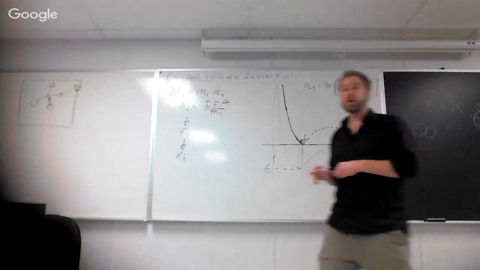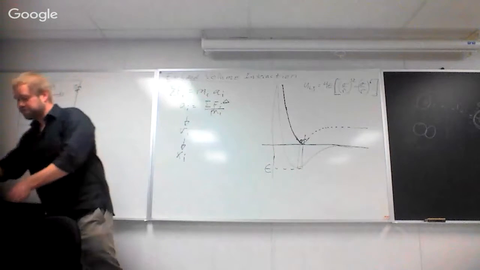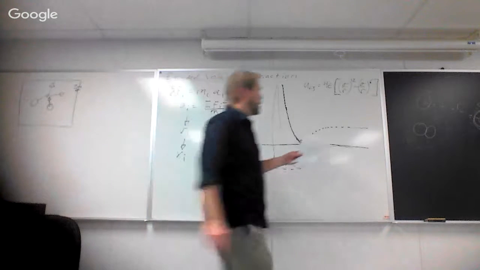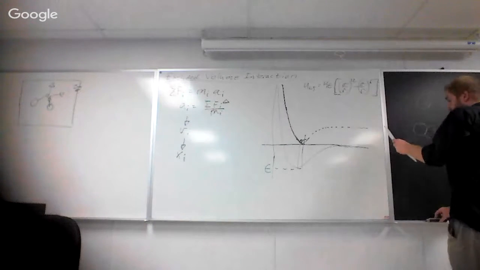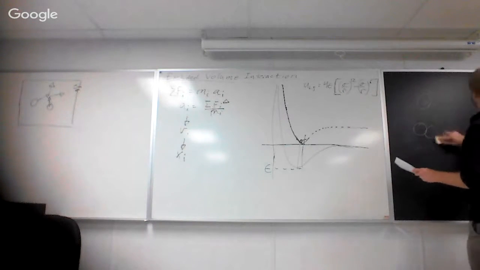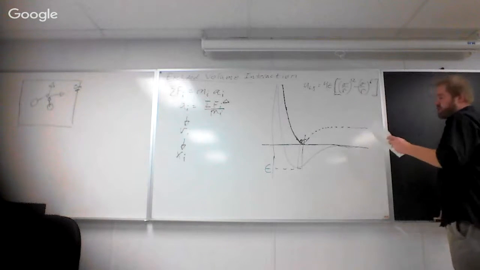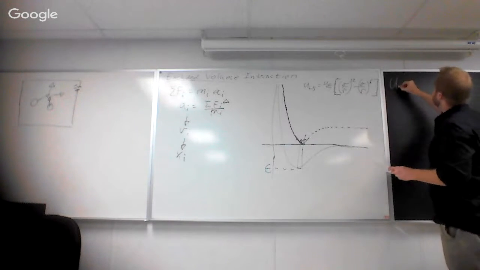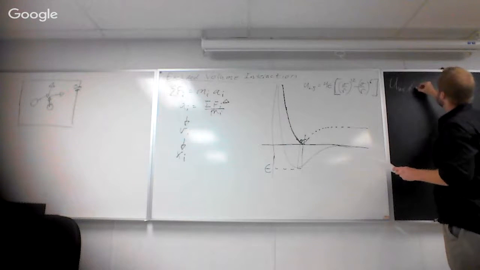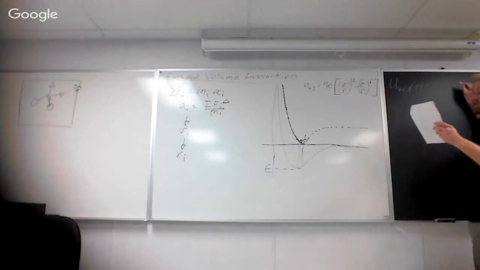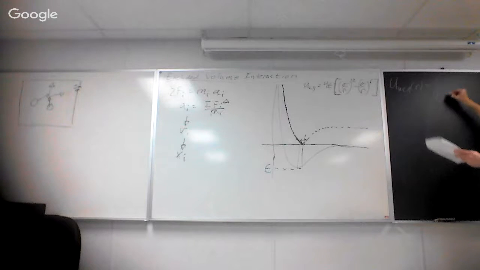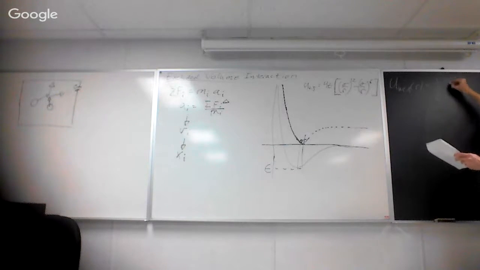All right? So we can write down the modified Lennard-Jones potential. This is known sometimes as the WCA potential, for the three guys who did this, Weeks, Chandler, and Andersen. It's sometimes called the shifted and truncated Lennard-Jones potential. We'll use WCA here for convenience.